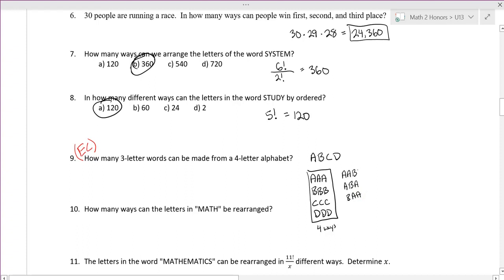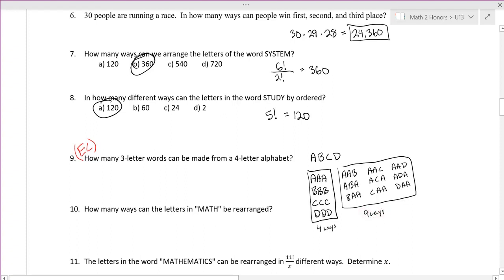Well, actually, sorry, that's with B. That's with A and B. You can also replace the B with a C and have AAC, ACA, and CAA. And you can replace the C with a D and have AAD, ADA, and DAA. Okay, so there are 9 ways for 2 A's.